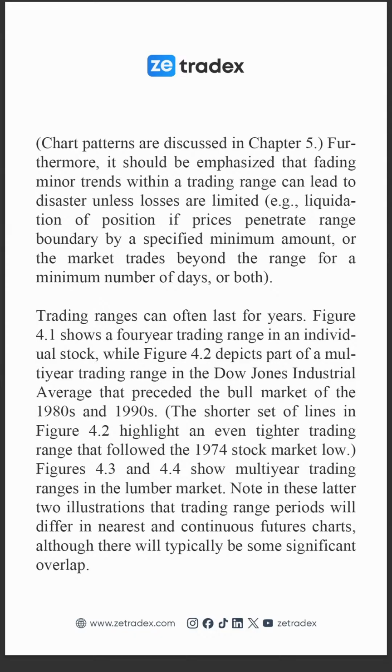The shorter set of lines in figure 4.2 highlights an even tighter trading range that followed the 1974 stock market low. Figures 4.3 and 4.4 show multi-year trading ranges in the lumber market. We should know that in these latter two illustrations, trading range periods will differ in nearest and continuous futures charts, although there will typically be some significant overlap. Okay, next page.